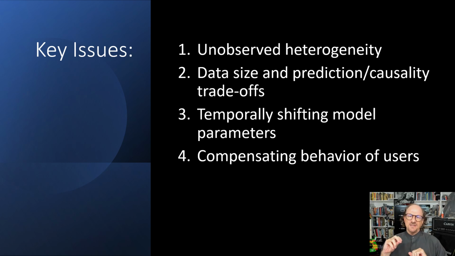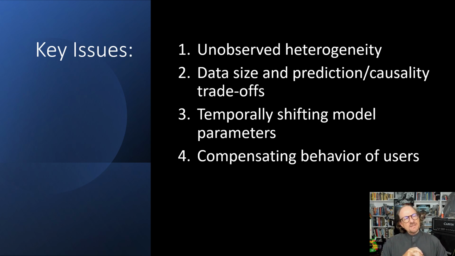So data size is going to limit what analytic approach you use. But the analytic approaches that tend to be very good for large data are not very good at uncovering causality. So they're good for large data, they're great for prediction, but they don't uncover the causal effects. So I'm going to talk about some of the trade-offs involved there.